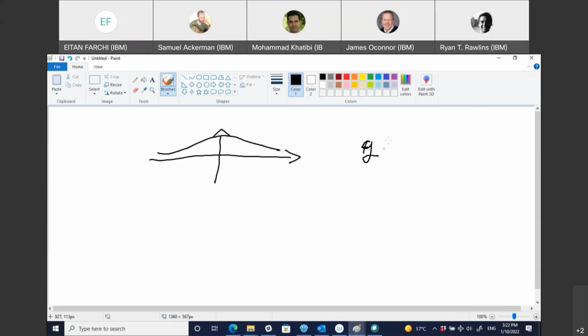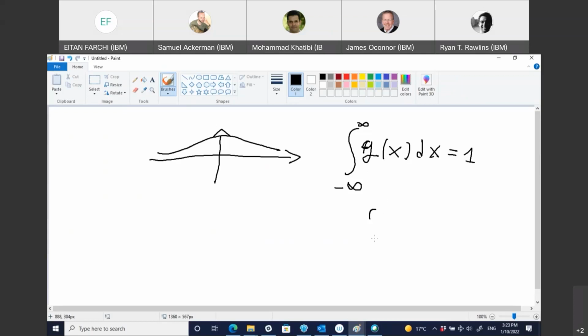We call it G because I used F before, so that the integral from minus infinity to infinity of the function is equal to 1. And the density function is something that can give you the probability.